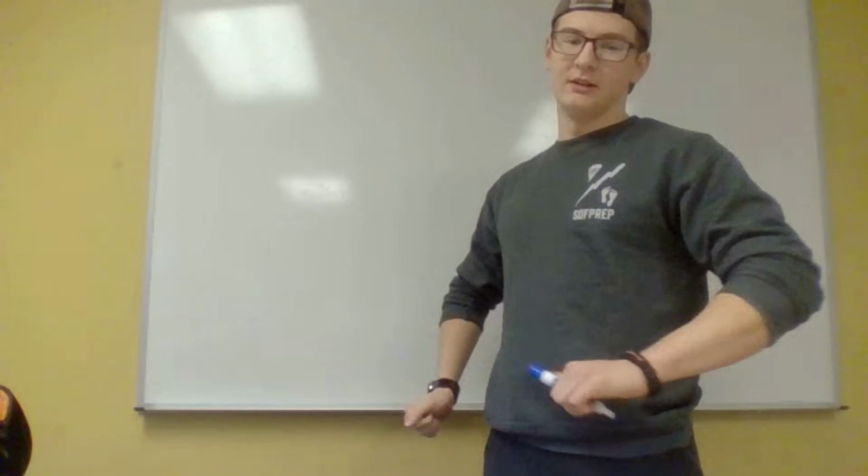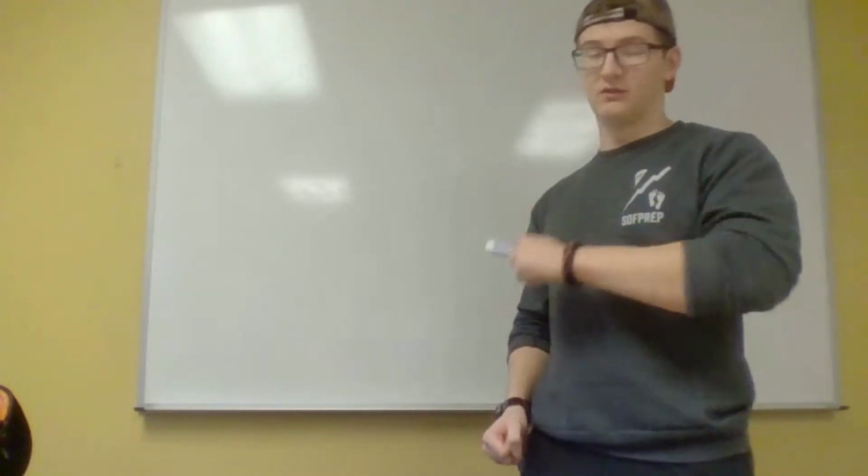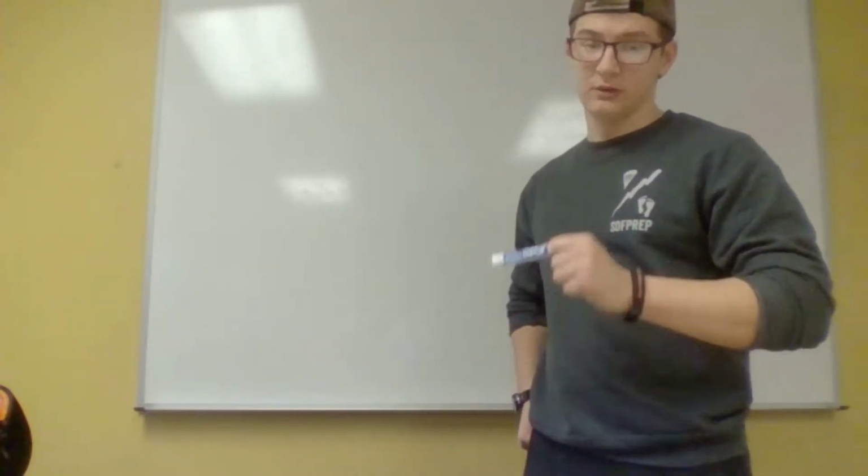Alright, so there's a couple of things we need to know to start off. Differentiation just means finding the derivative of something. And when you're finding the derivative of something, you're just finding the slope.